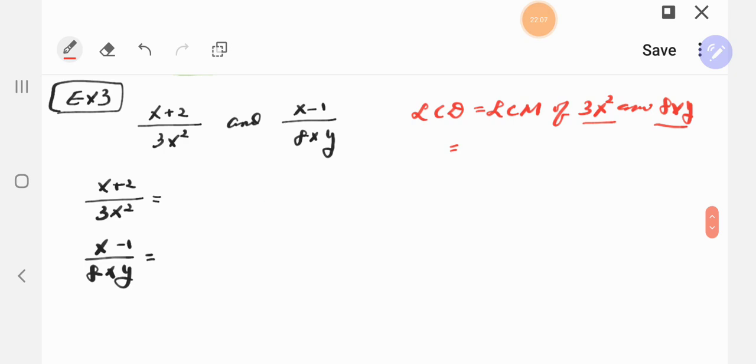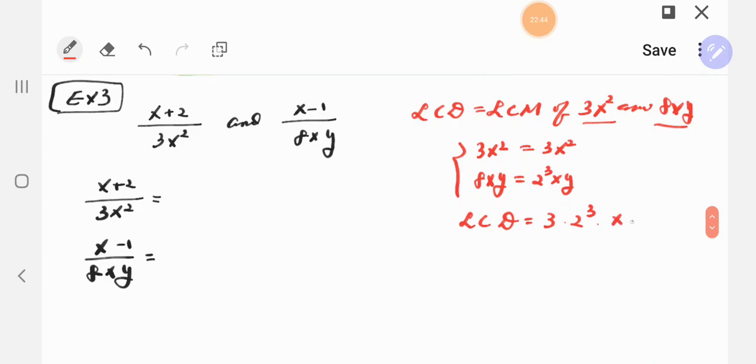Okay, LCM is 3x squared and then 8. Let me rewrite this. 8xy is equal to 2 cubed xy, and this is 3x squared. So the LCD or LCM is the product of 3, 2 cubed, x and y.